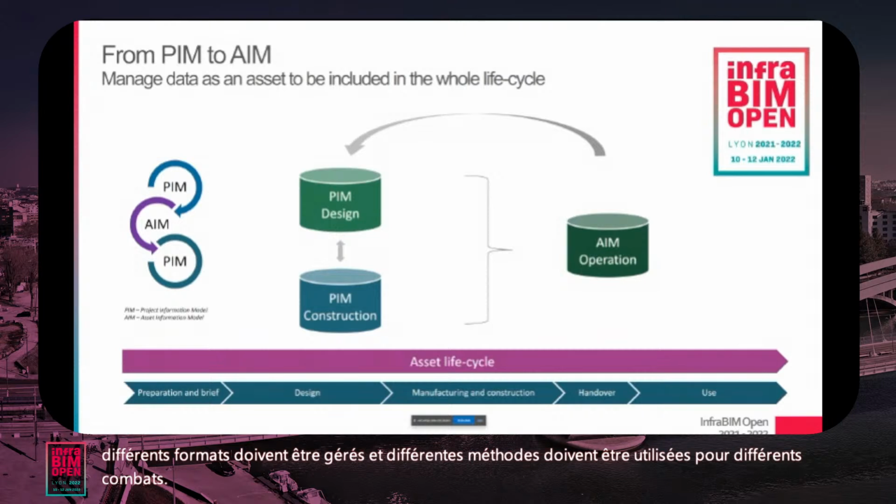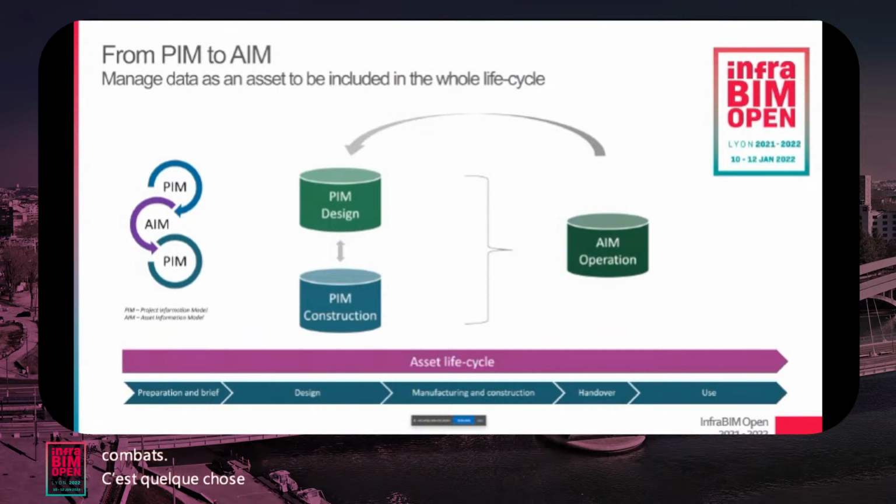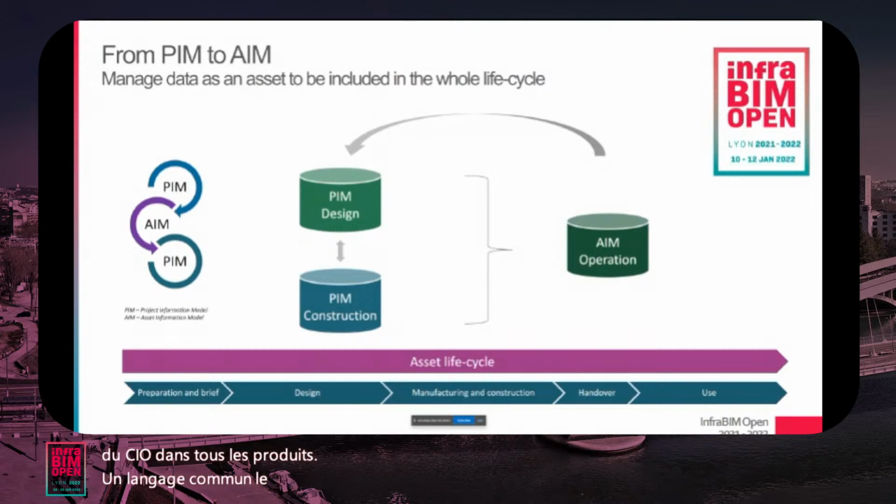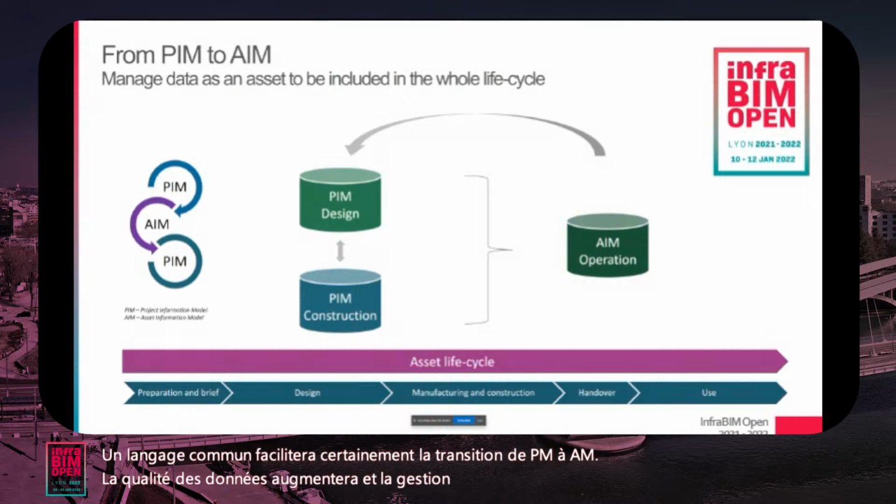This is something that we see will change and improve when we introduce the IFC format across all projects. A common language will definitely make the transition from PIM to AIM easier. The quality of the data will increase, and managing the data will be so much easier.